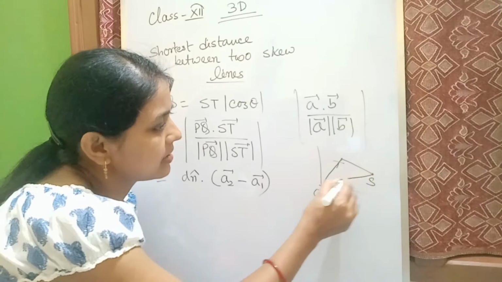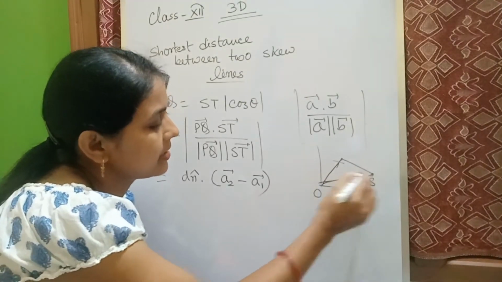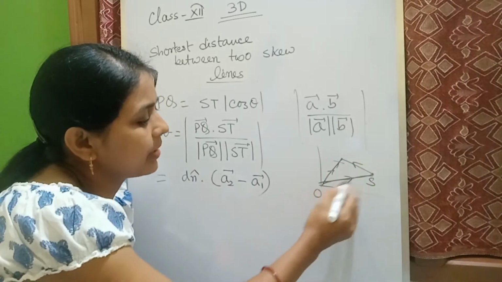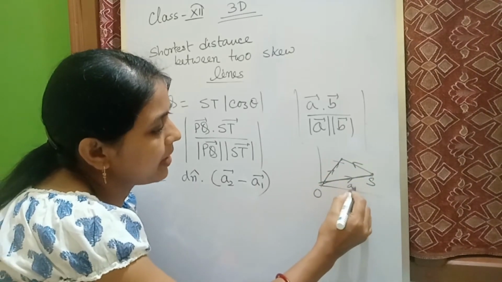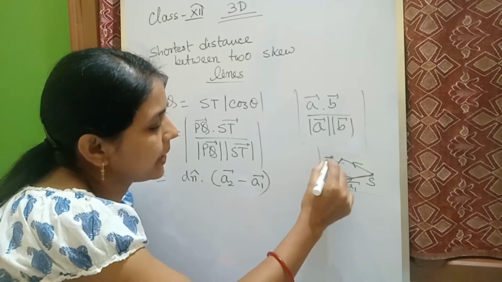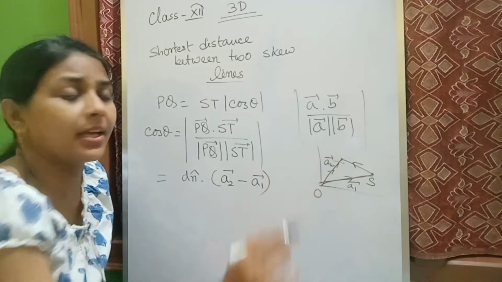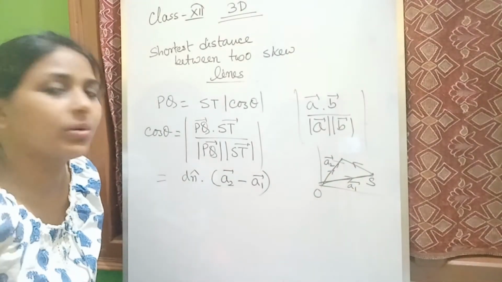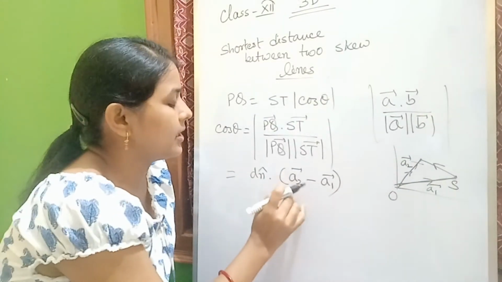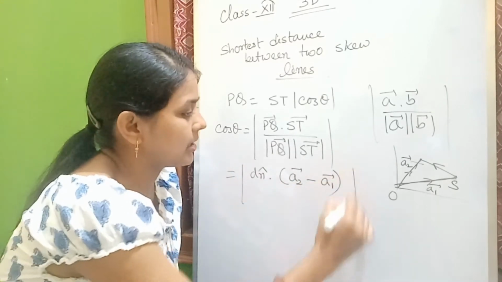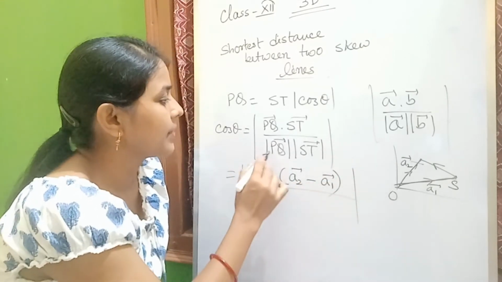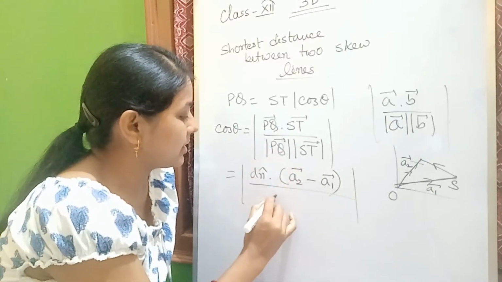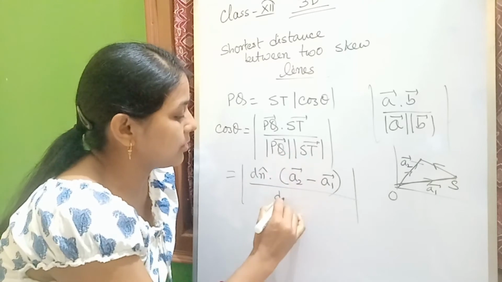Then OS vector is A1 vector and OT is A2 vector. It is quite simple from triangle law that ST vector equals A2 minus A1. So I have written here A2 minus A1 vector and its modulus, divided by PQ vector's modulus, which is D, and this is only ST.